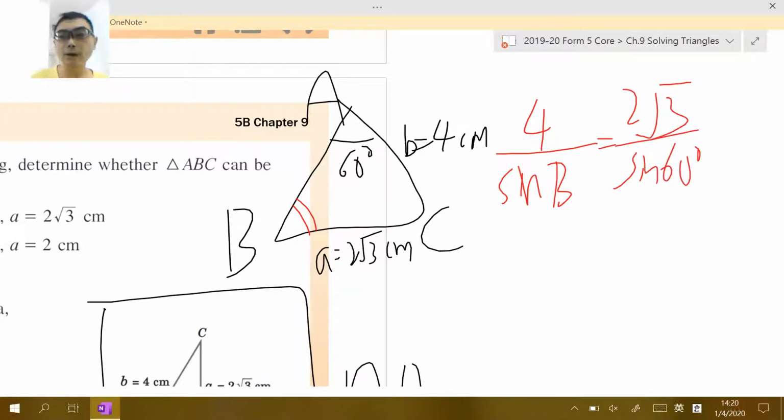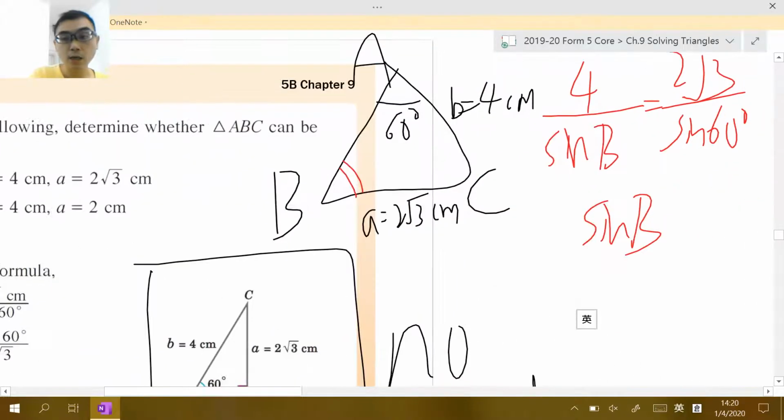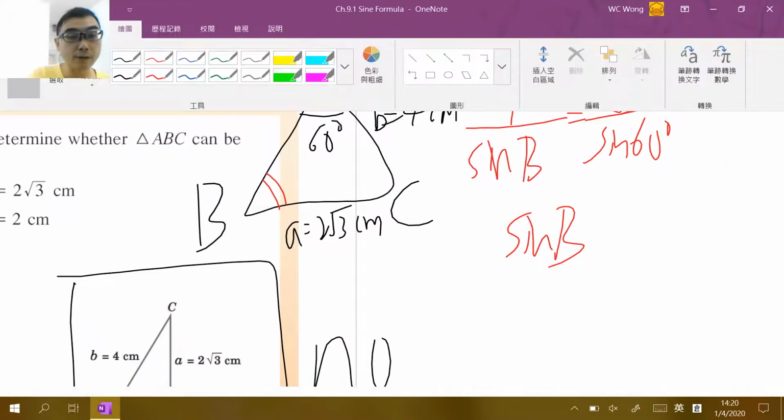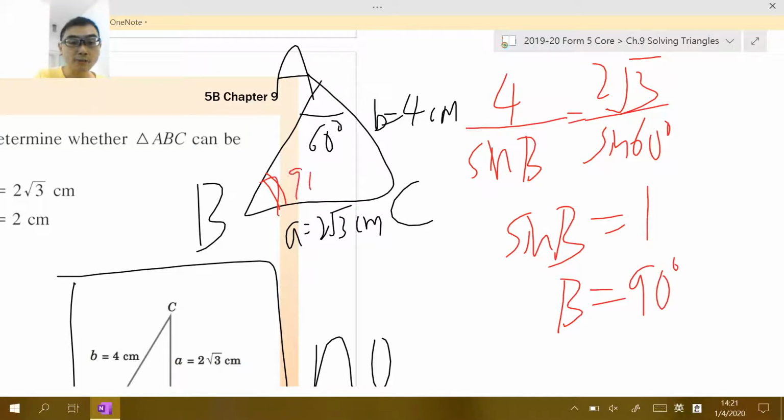When you simplify your result, you will see that eventually you have sin B equals 1. This is not difficult at all, because after you get sin B equals 1, what you need to do is press shift sine on your calculator, and you can find the angle. Here you should have 90. That means you will understand that it's 90 degrees.